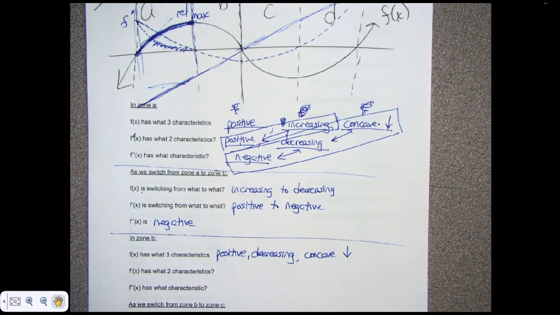So again, in this piece, f of x is positive, so we're above the axis. F of x is decreasing because it's got a negative slope. And f of x is concave down because the slope itself is decreasing. So then let's go to the derivative level. F prime of x has what 2 characteristics?